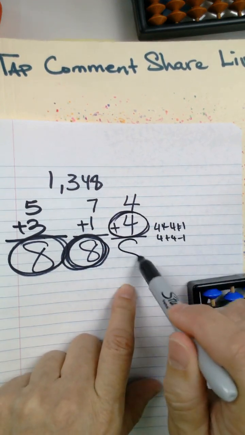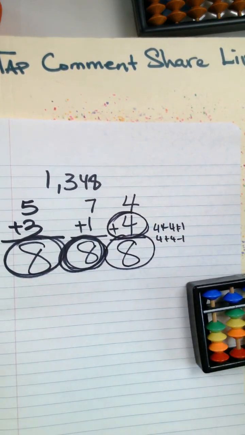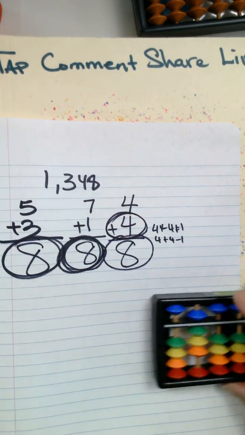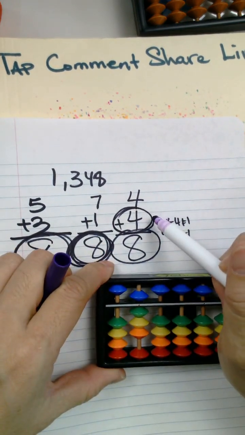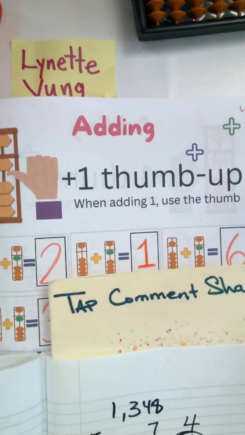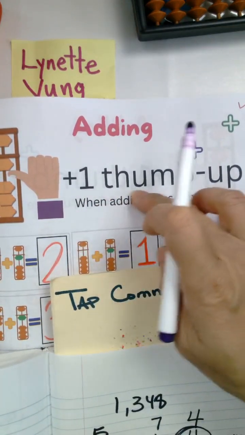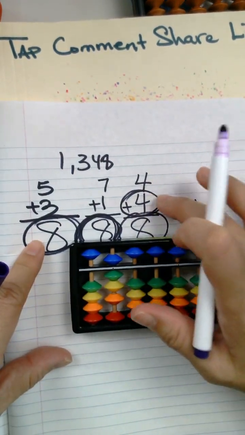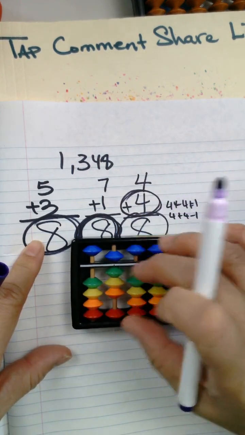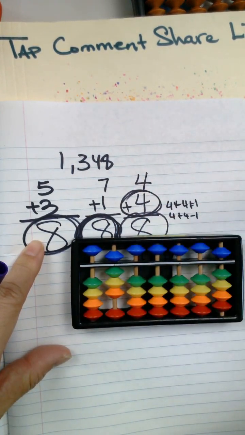What does that mean? We know that this is 8. Okay, fine. We know this because we've memorized our doubles. But in abacus, the first thing we're going to do is understand our add-in. That's why we do this first. We figure out how we move our beads. When we figure out our add-ins, then we know how to move our beads.